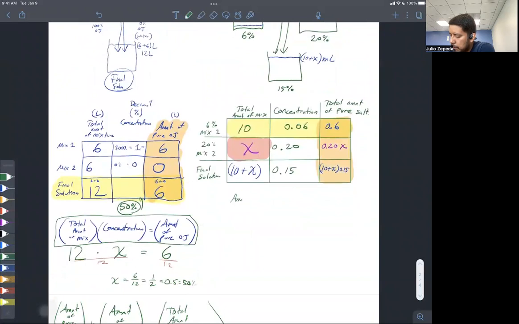So the amount of pure salt in mix 1 plus the amount of pure salt in mix 2 is going to be equal to the amount of pure salt in the final solution.